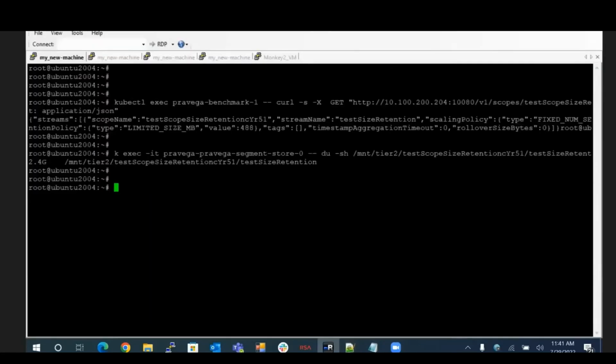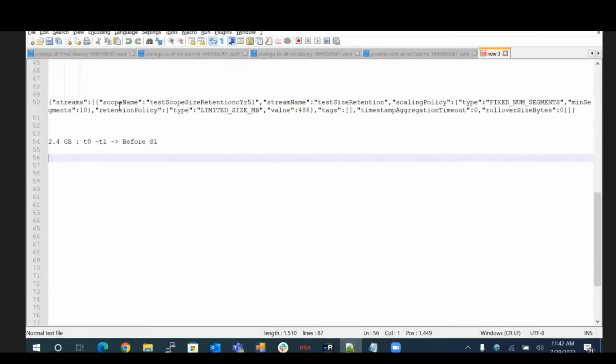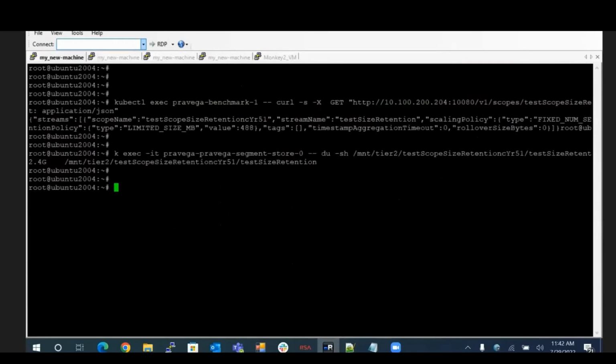From the logs of this test, we can observe the first stream cut has already taken place, and we have written some additional set of records over this in order to qualify the stream for truncation over this set size limit value. So the new set of records that we have written here is 9,000. Let us see, do we observe any size change after the new records have been written?